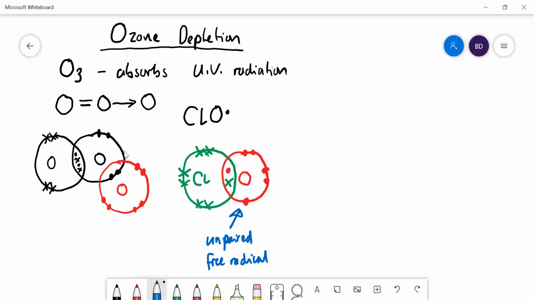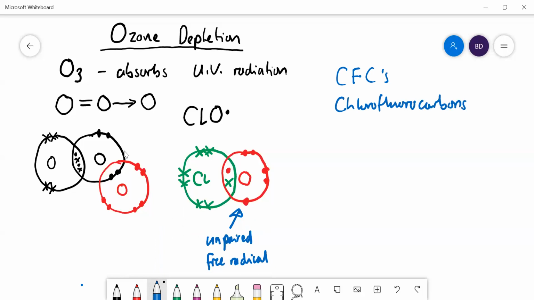Okay, so now we can talk about how this actually occurs. Well, the compounds which cause ozone depletion are usually referred to as CFCs, short for chlorofluorocarbons.